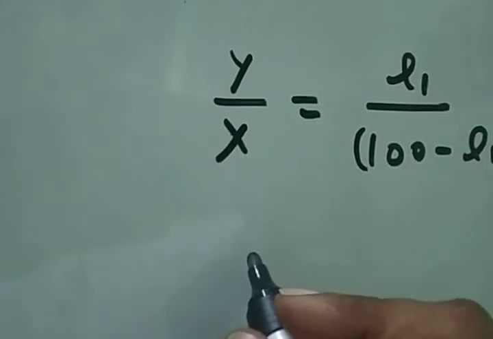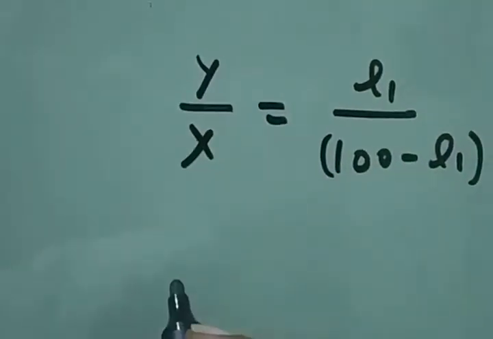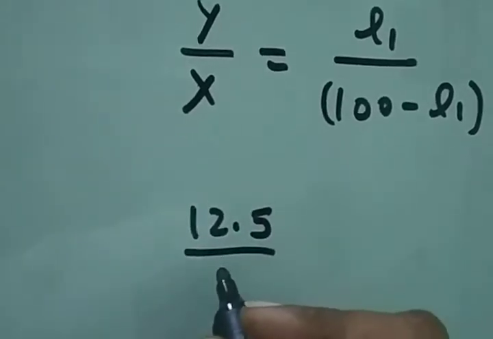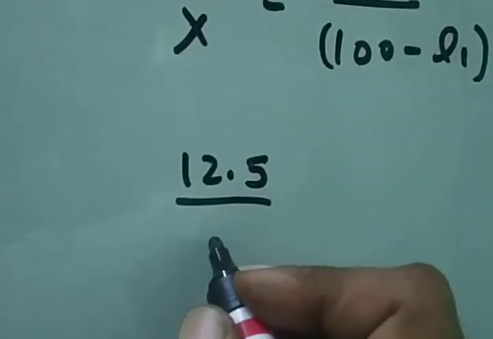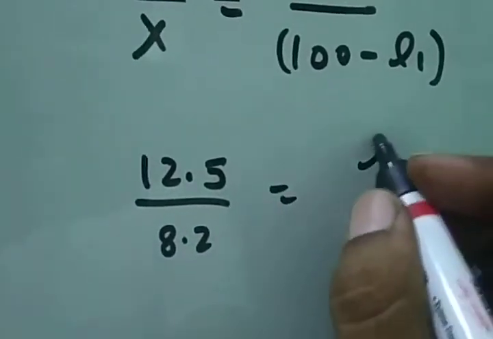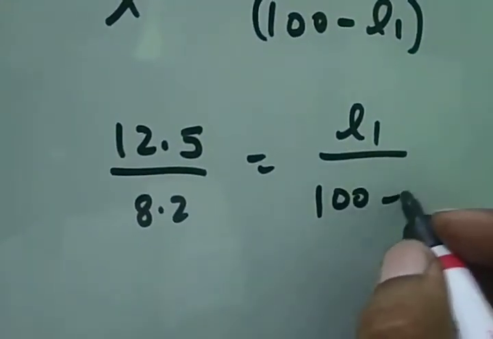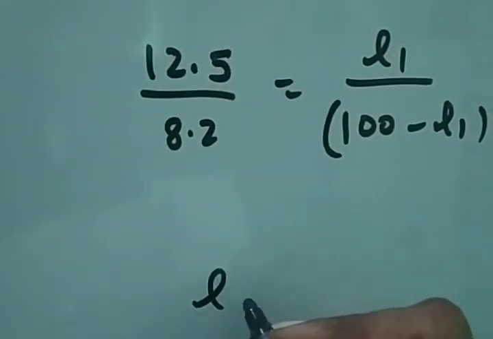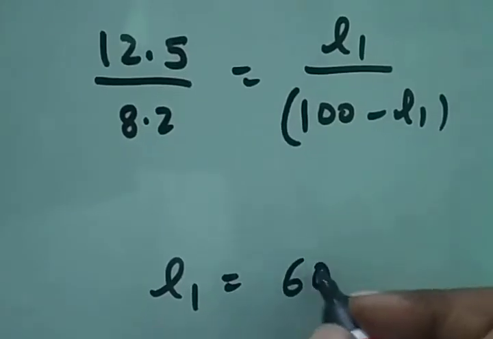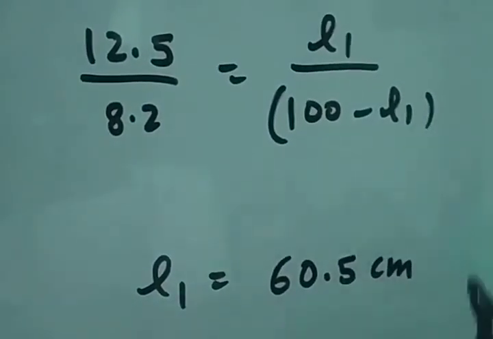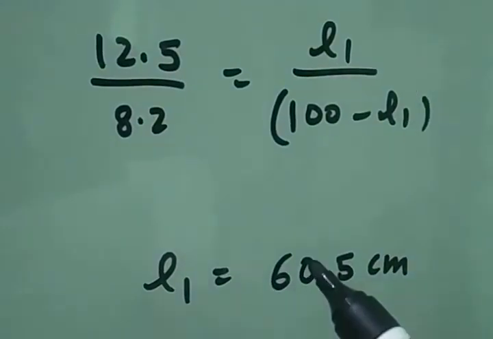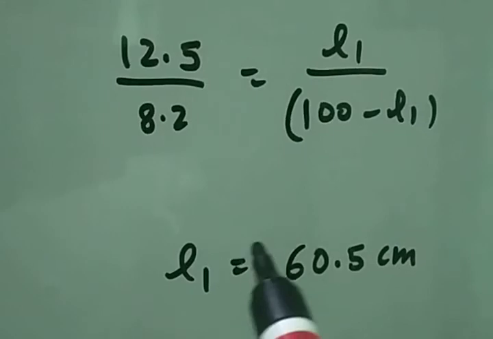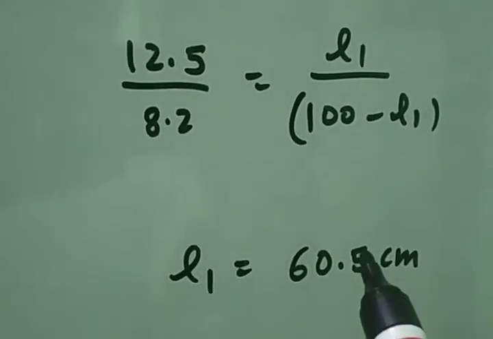Now Y is equal to, we know 12.5, and X we have calculated 8.2. So L1 100 minus L1. When we simplify this one, then we get the value of L1 is equal to 60.5 centimeter. So it means it is something like if X and Y are interchanged, then balancing length are also interchanged.